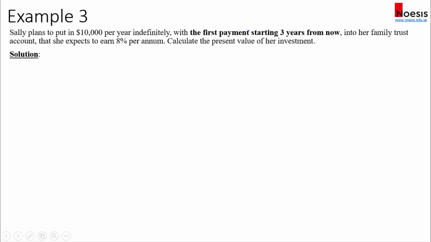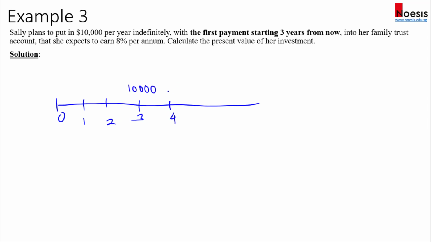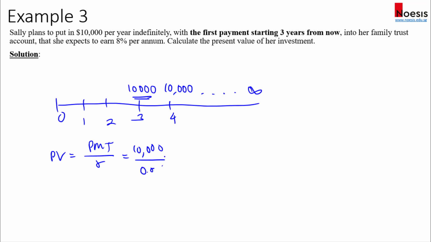Now, last example. Let's say Sally plans to put in that 10,000 per year, but the first payment starts 3 years from now. So we have 0, and then we have 3, with 1 and 2 in between. Again, the $10,000 starts in year 3, and in year 4, and it goes on forever. Now, if I apply the formula again, which is PV equals PMT over R, I will take the $10,000, which is the first cash flow in year 3, divide by 8%.